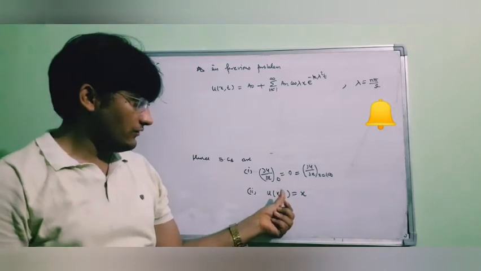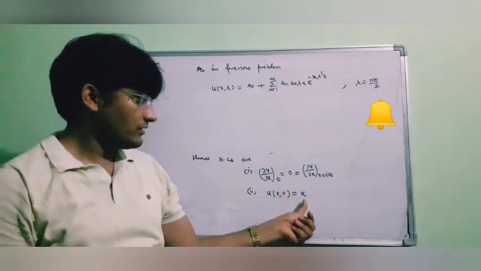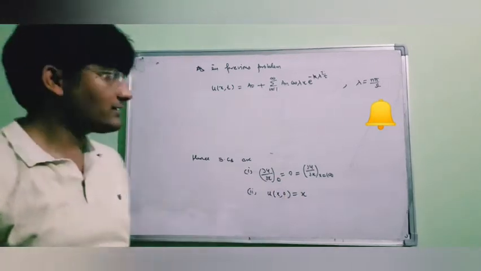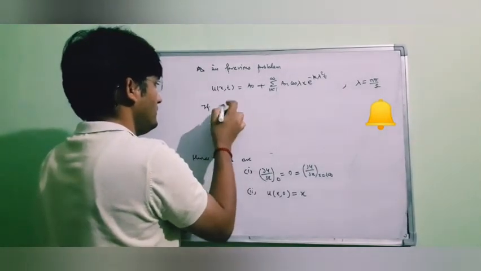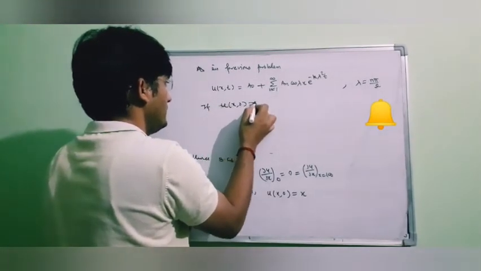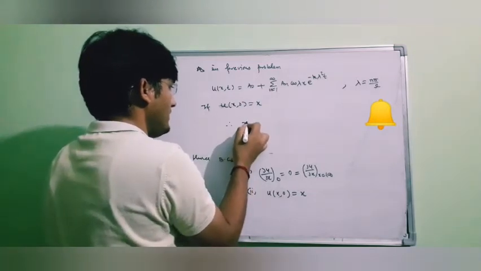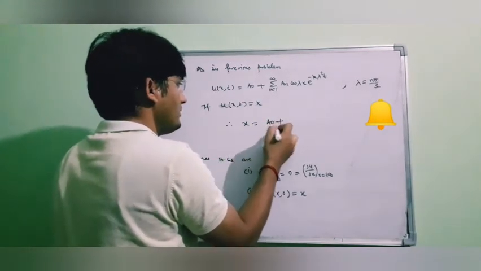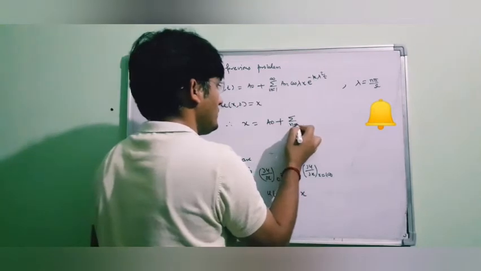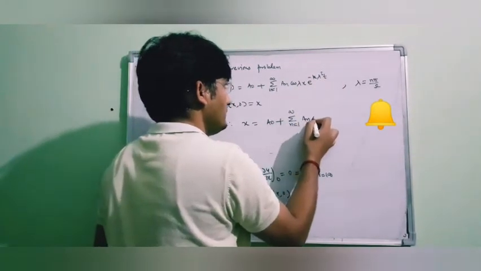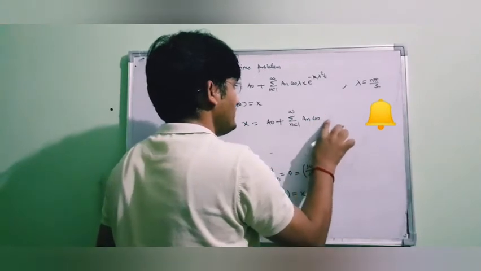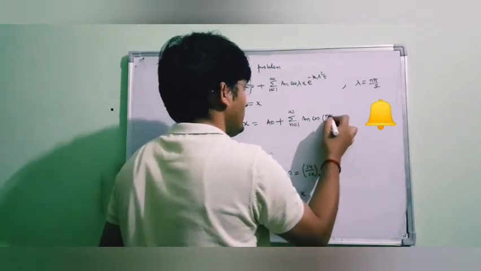Here, if t is 0, then u(x,0) is x, so the left hand side will be x, and the right hand side will have A naught plus the sum of An cos lambda x.